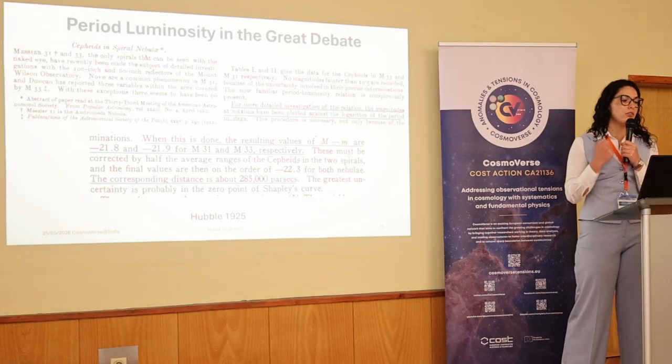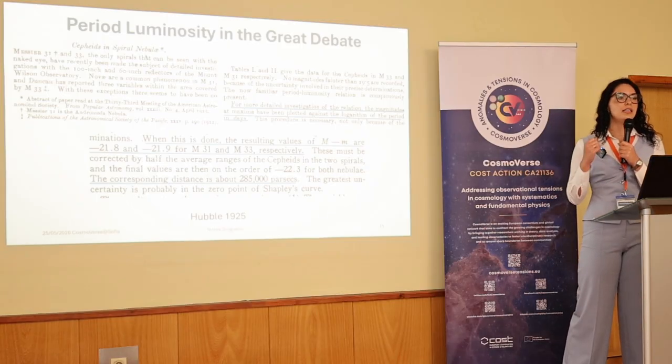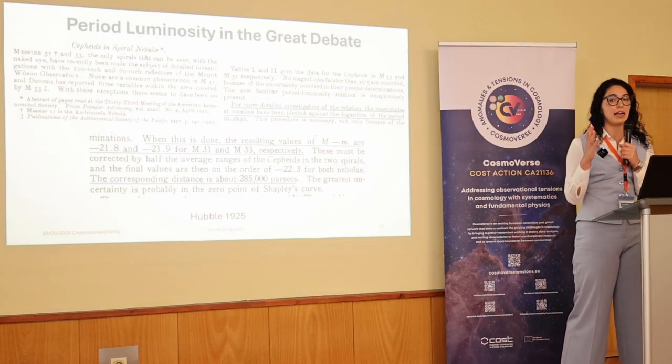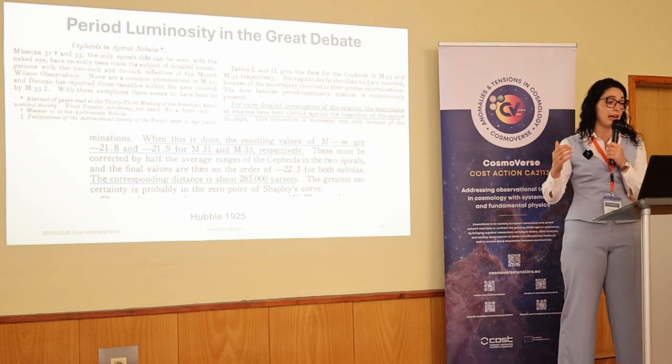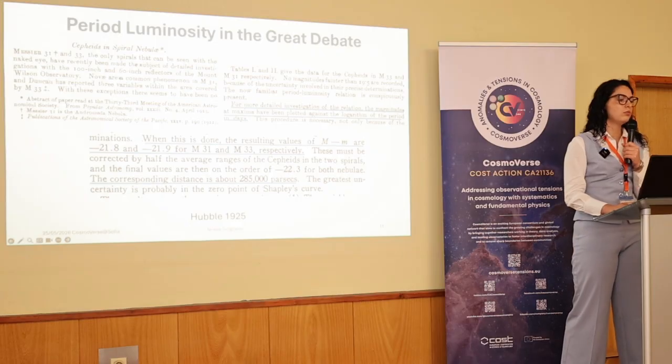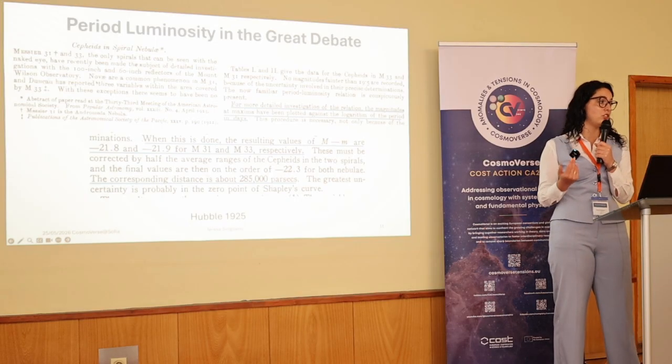As you can read in the paper by Hubble, they stated that they were observing some Cepheids in the direction of the Andromeda galaxy. They still did not know that the Cepheids were in the Andromeda galaxy, and they tried to search for a distance thanks to the period-luminosity relation.